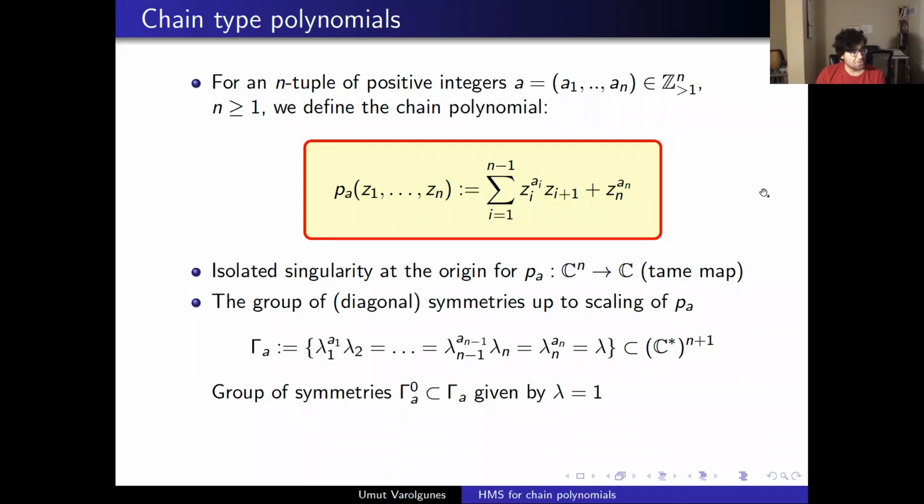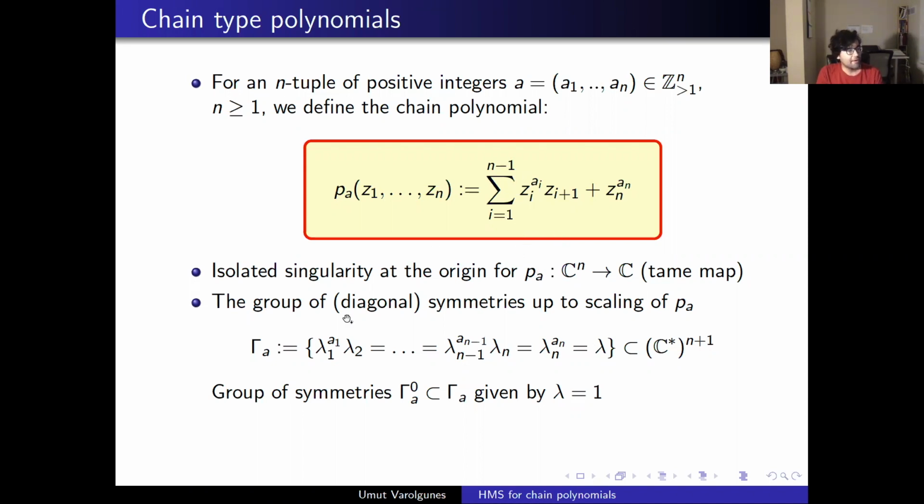So now I mentioned that this is quasi-homogeneous, so it's good to define this full group of diagonal symmetries up to scaling of this polynomial A. So let's forget about the last component of the C star to the n plus 1 for now. So lambda 1, lambda 2, lambda 3, up to lambda n. And these tuples of invertible complex numbers are just acting by diagonal matrices on Cn.